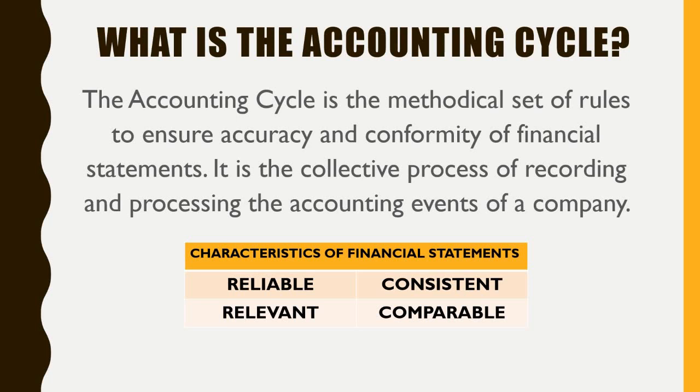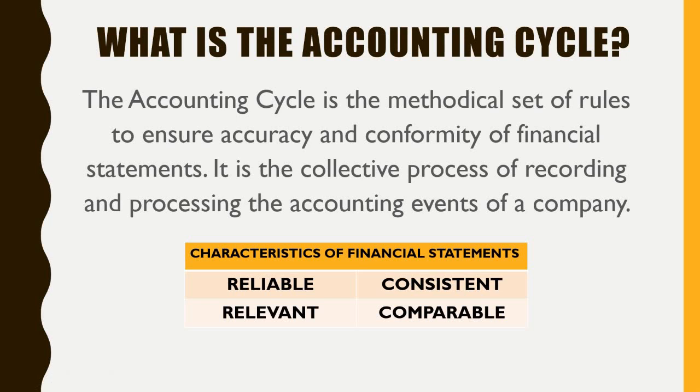Okay? So again, if you are going to look at the characteristics of financial statements, you just know them as the 3 R's and the 3 C's. Reliable, relevant, comparable, and consistent. Okay. You mean 2 R's and 2 C's, right? Yes, 2 R's, 2 C's. What did I say? 3.